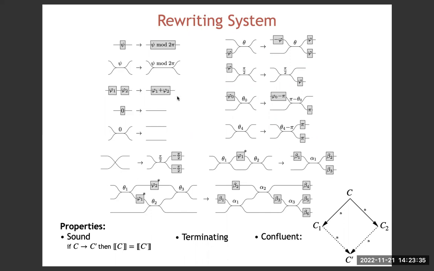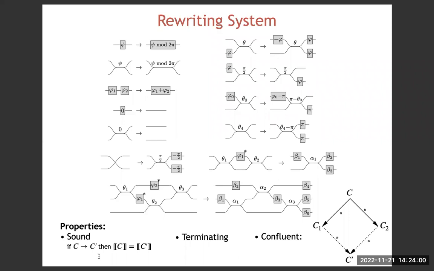And it turns out that this rewriting system has all the good properties we want. So first of all, it's sound. That is, it preserves the semantics by construction, or it's easy to double check it. It's terminating, which means that if you start with any circuit and you apply these rules, at some point you will stop and reach a circuit on which there is no rule applicable.